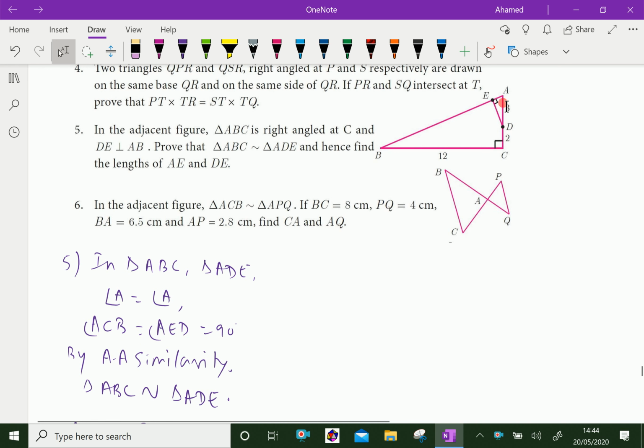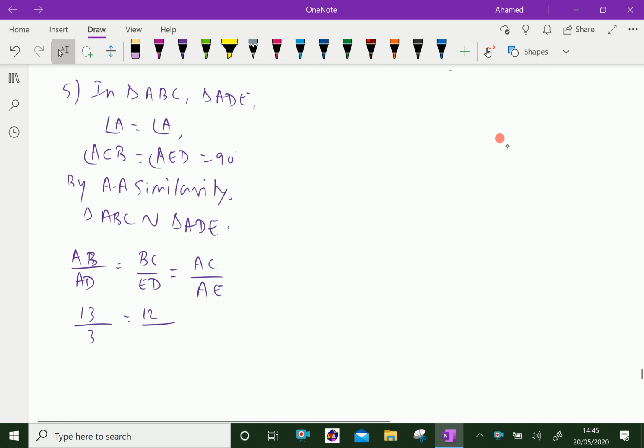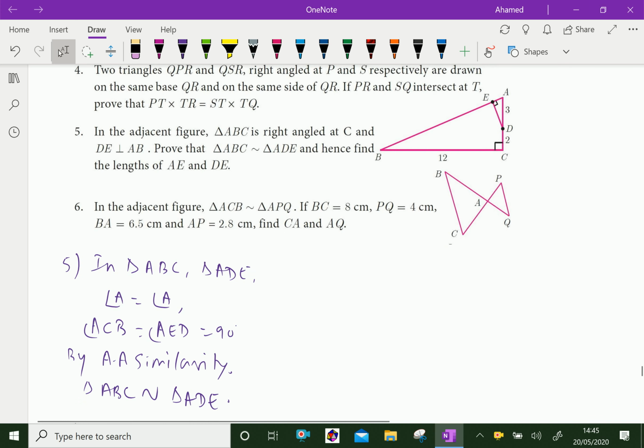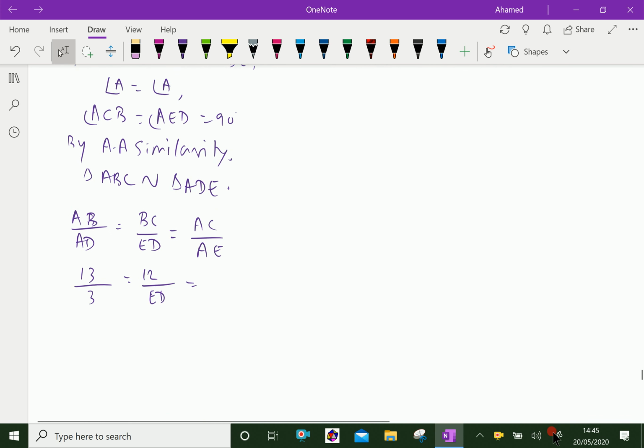ED we will find now. ED is equal to AC over AE; look at this, AC is 3 plus 2, which is 5, and AE we have to find.